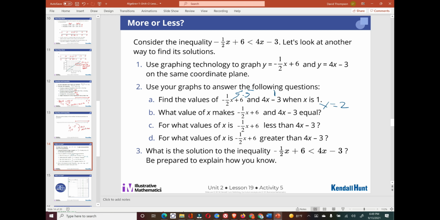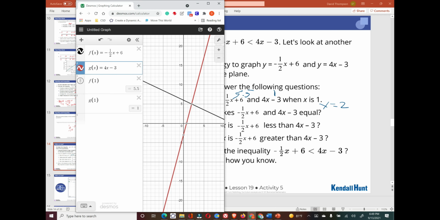For what values is negative 1/2 x plus 6 less than 4x minus 3? So we do know our values are equal at 2. So after 2, it's less than 4x minus 3.